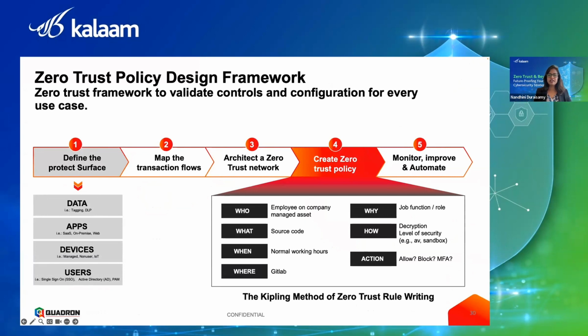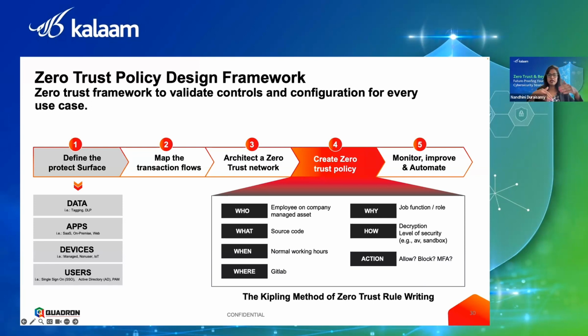That's why you see the six here, the 5 W's and 1 H. In the context of zero trust, it provides a straightforward framework to guide organizations: who needs access to what, when they need the access, where the access is required, and why, and then how it is being provided. Based on these things, the action is whether to allow, block, implement MFA, or do something in between.